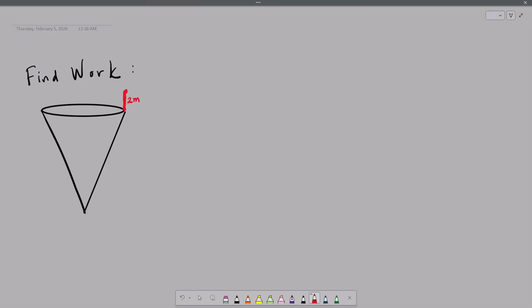We're just going to empty it right out of there. We are going to say that the radius of this is 3 meters. And we're going to say that the height of this cone is 10 meters. So find the work to empty that.